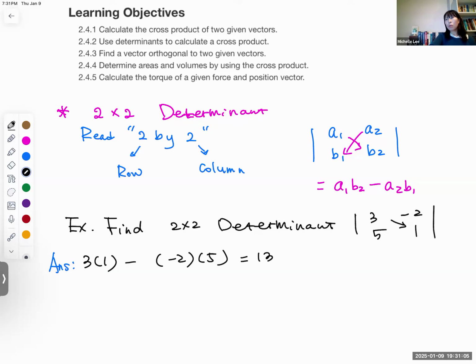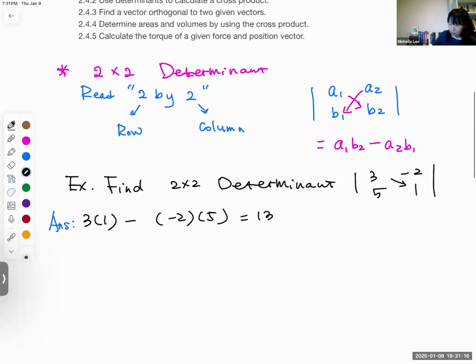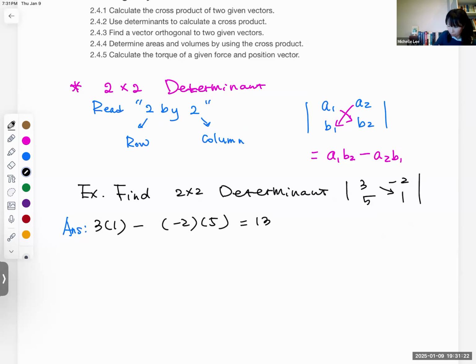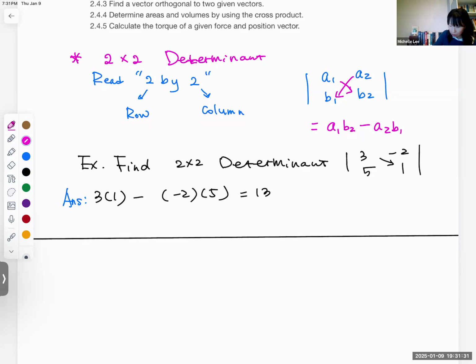All right. How about if we have a 3 by 3 determinant? So let's see. Three by three determinant. So read 3 by 3.